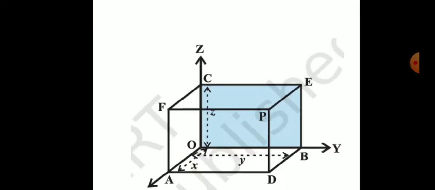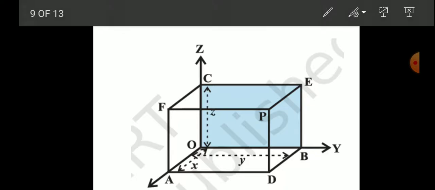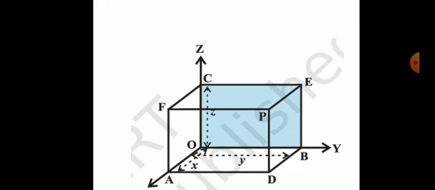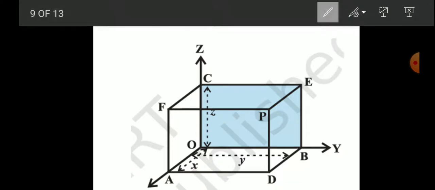Next, how can we identify the different planes? For that, here if you just consider a cuboid whose lengths are different. This is the x-axis, this is y, this is z, and we consider that this is the x length, this is the y length, and this is the z.